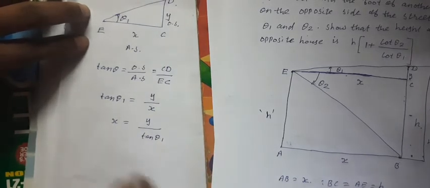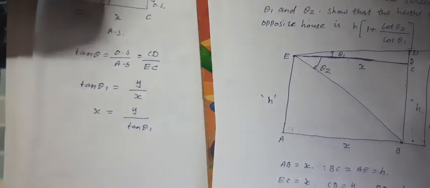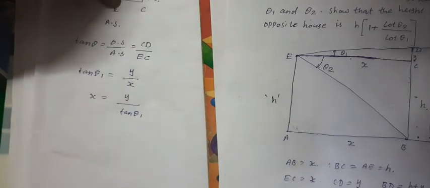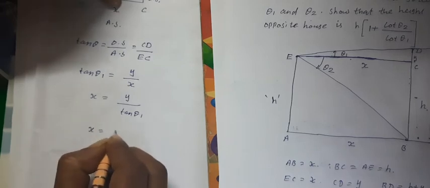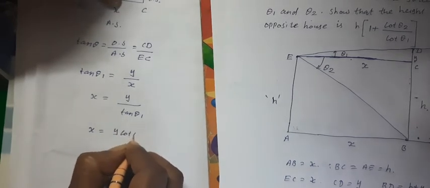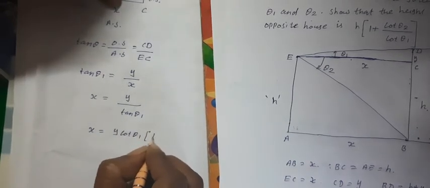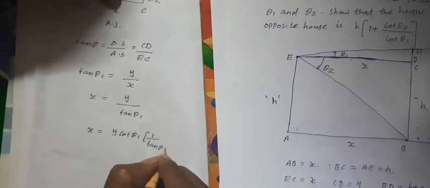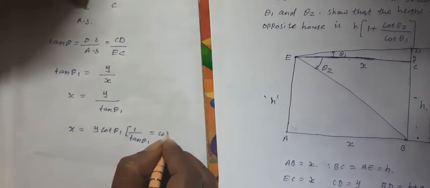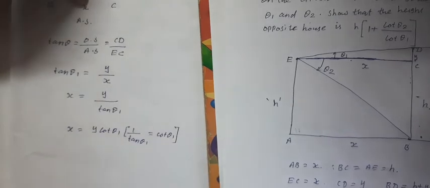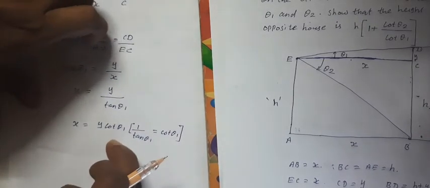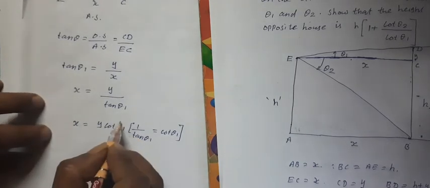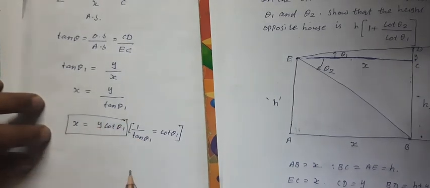You know the formula, 1 by tan theta is equal to cot theta. So x is equal to y cot theta 1. This is the result for x.